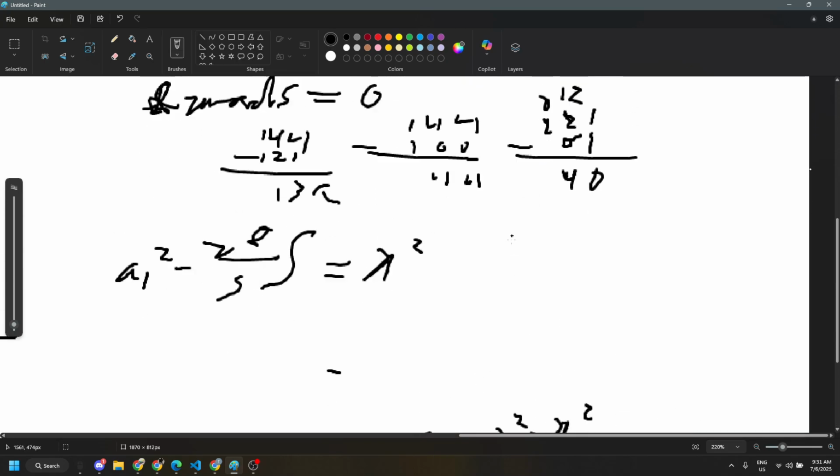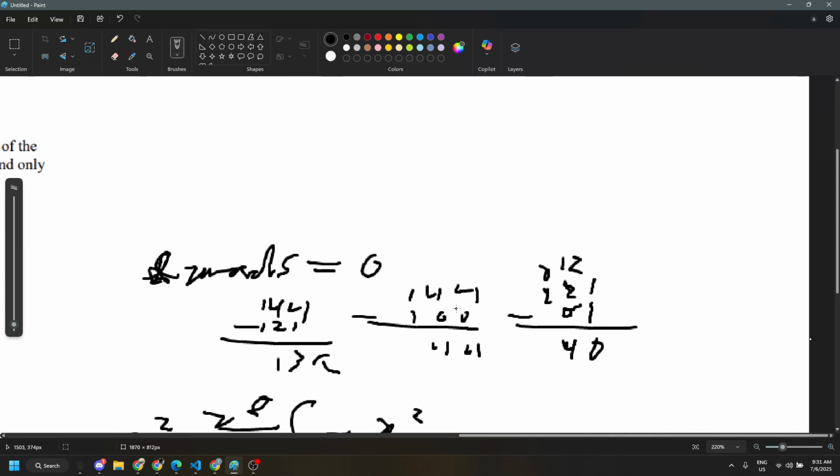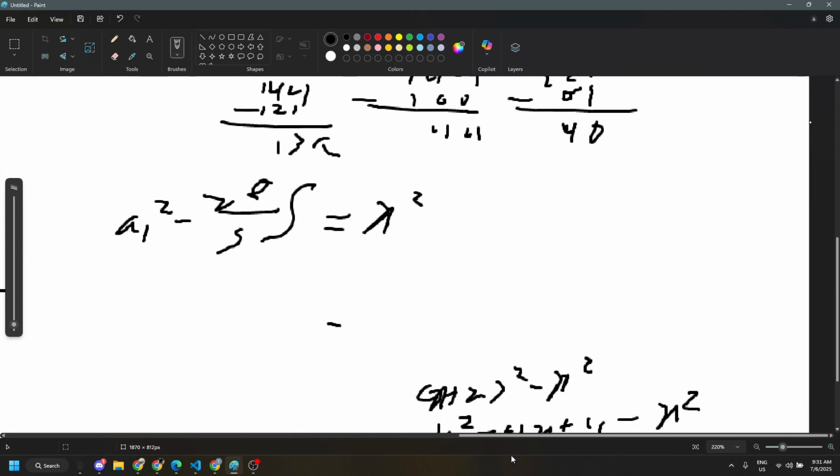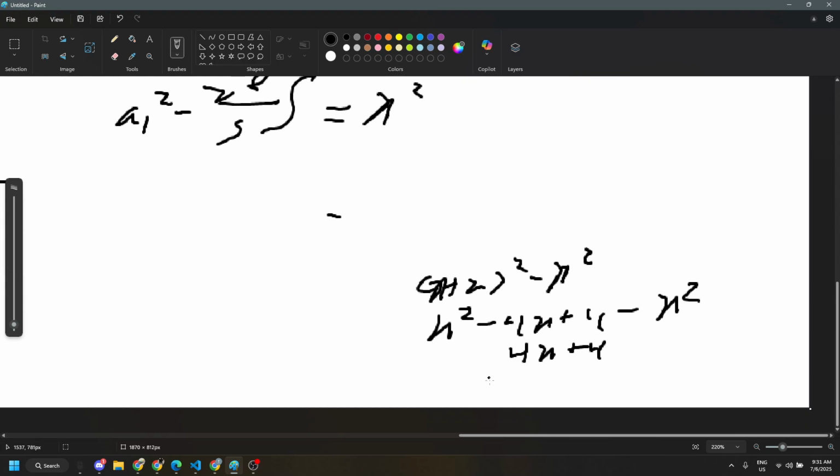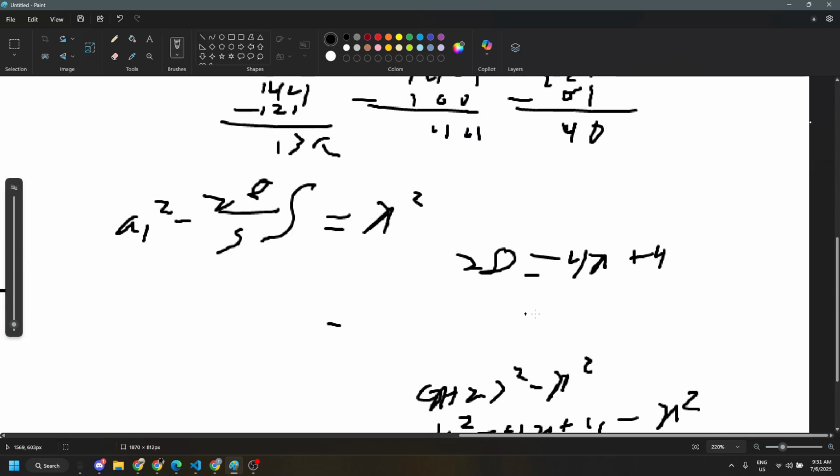Does that make sense? 100 minus 64 is 36, which is 4 times 8 plus 4. Yeah, okay, that makes sense. I was trying to get the difference. 28 is equal to 4n plus 4, so 24 is equal to 4n, so 6 is equal to n.